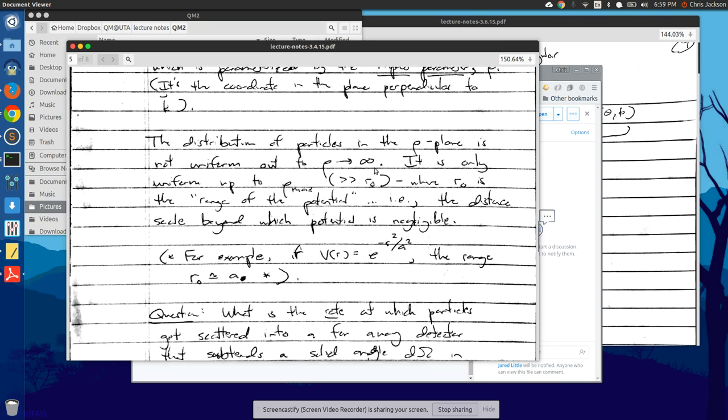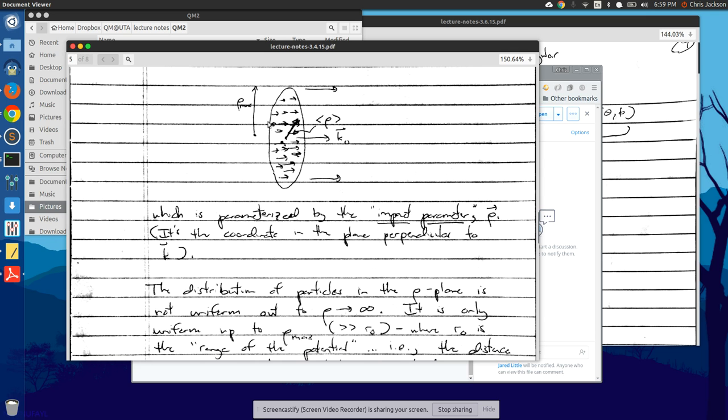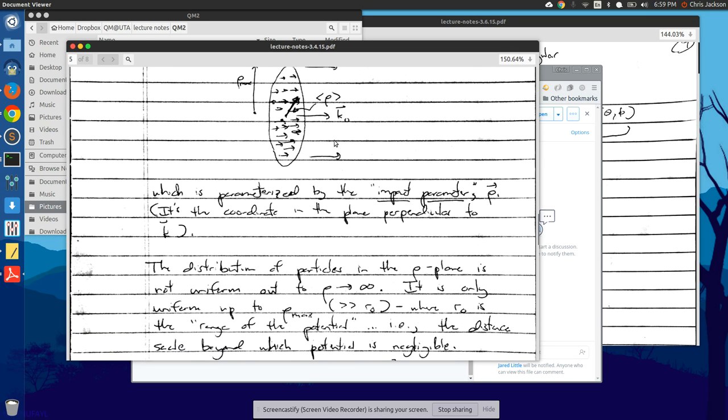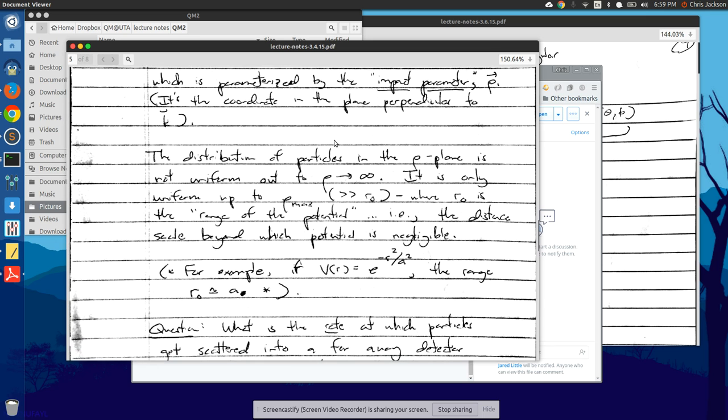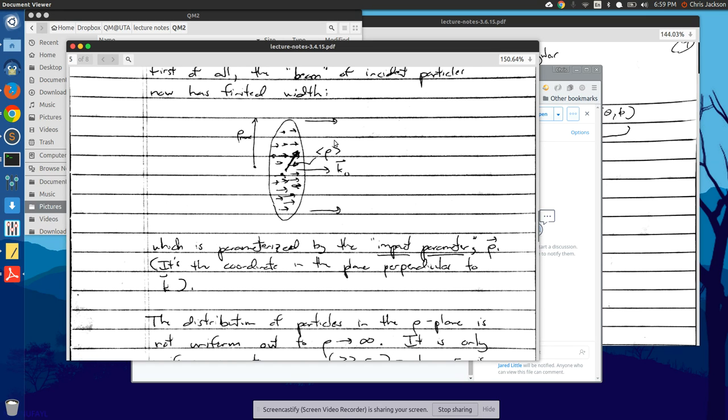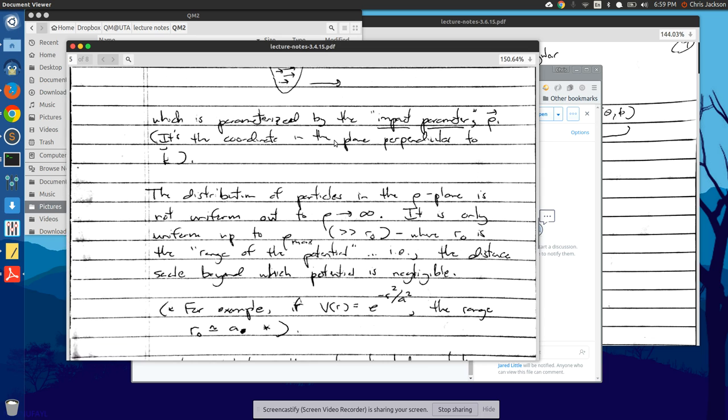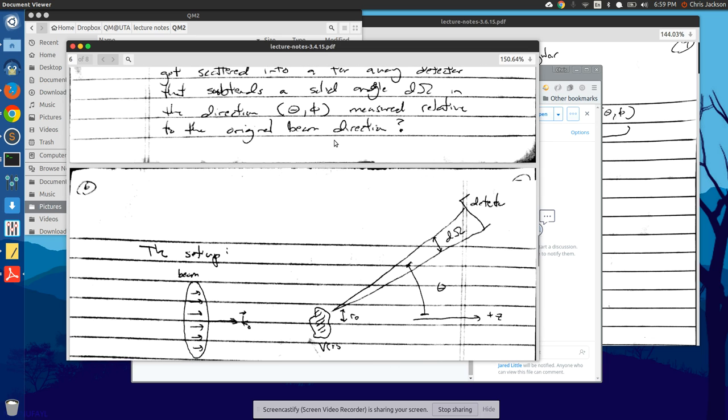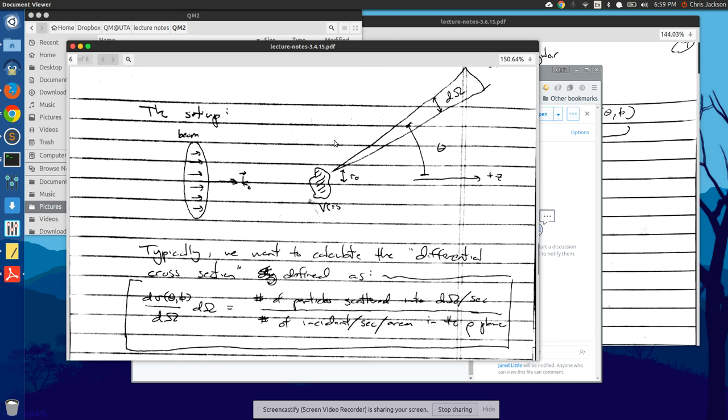But in most cases, you don't really have to worry about the full spread of the beam, because the range of the scatterer, the potential, is typically a lot smaller than the spread of the beam, and that's what this picture is trying to denote. This is the general setup that we're looking at.